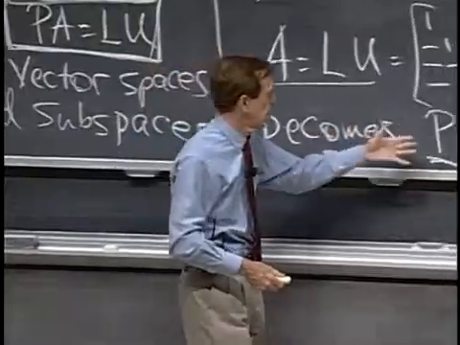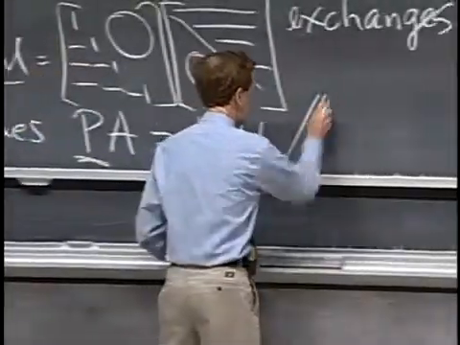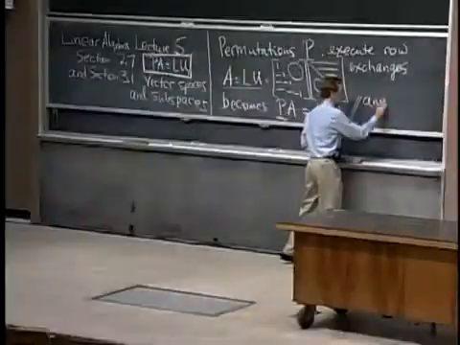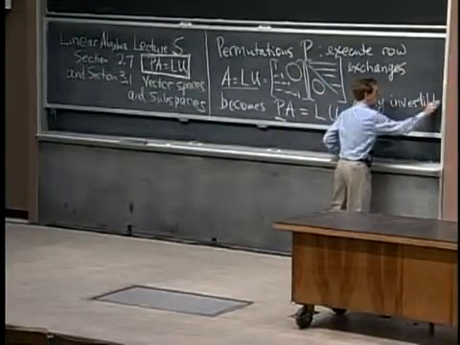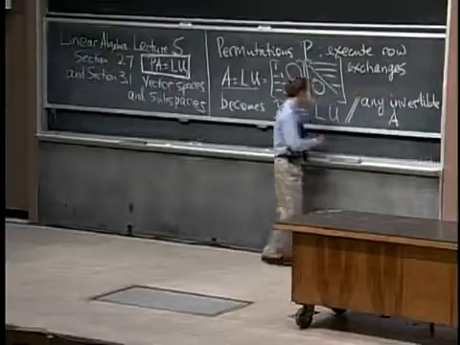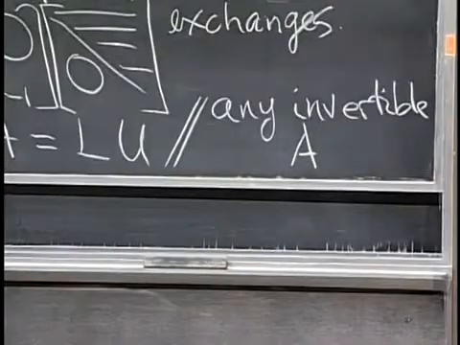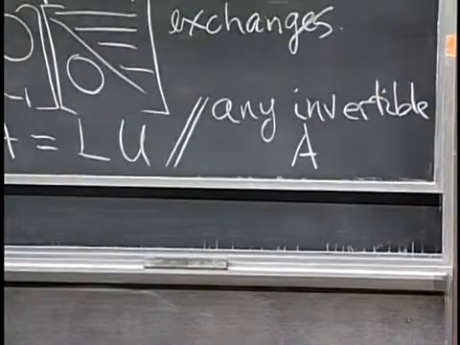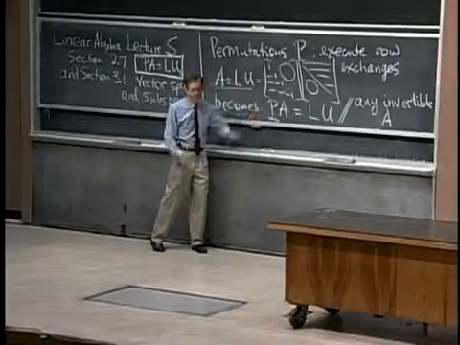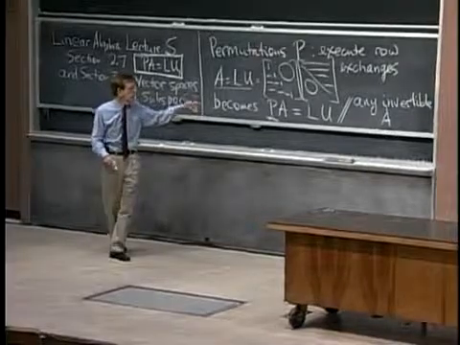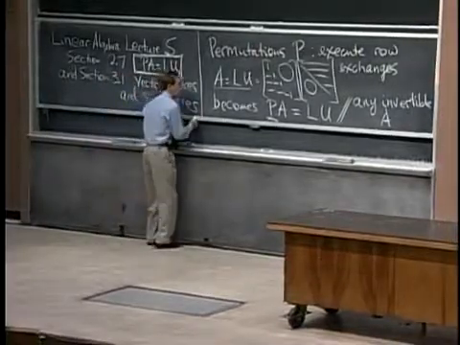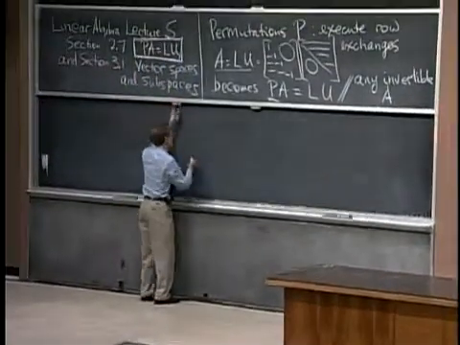This is for any invertible A, we get this. For almost everyone, we don't need a P. But there's that handful that do need row exchanges, and if we do need them, there they are. Okay, finally, just to remember what P was.